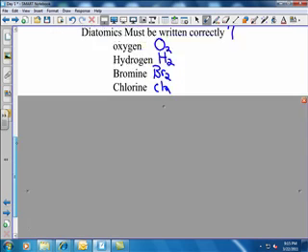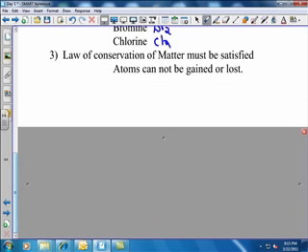And then the third and final thing is you must always remember that the law of conservation of matter must be satisfied. Atoms cannot be gained or lost in a reaction. And that's what this whole VodCast is about, it's going to be dealing with this one law right here.